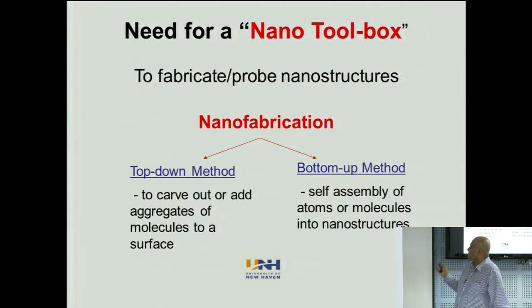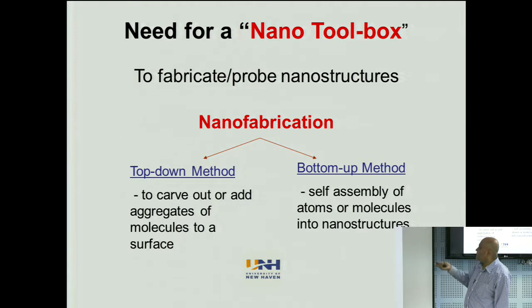So, again, I think we are familiar with these two types of how you fabricate nanomaterials, that means how you make nanomaterials. There are two techniques, top down and bottom up.